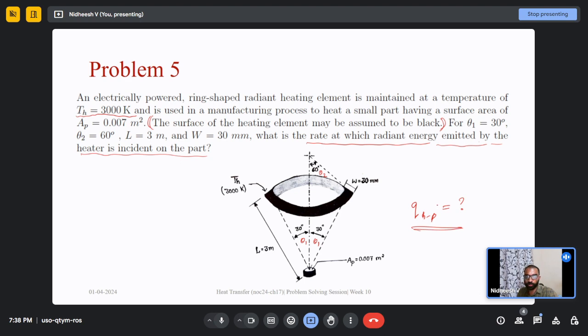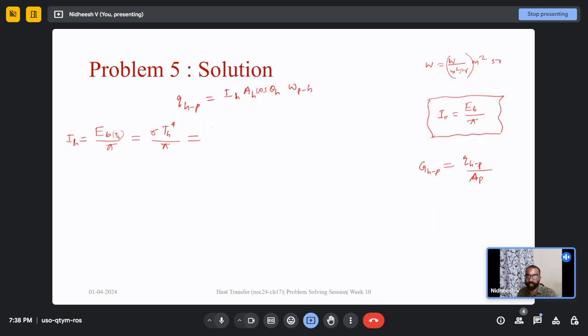If we wanted irradiation, yes, we should divide by area of the part. But since we just want the heat transfer rate, there is no need to divide it by the area of the part. Is that clear?